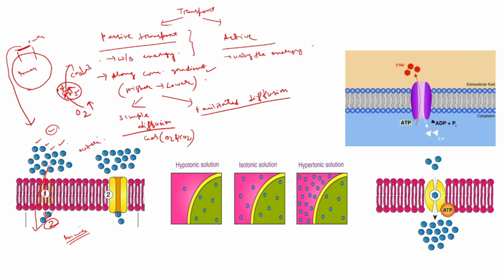If it is higher in the inner surface, it transports from the inner to the outer. If it is higher in the outer, it transports from the outer to the inner layer. So this is simple diffusion.